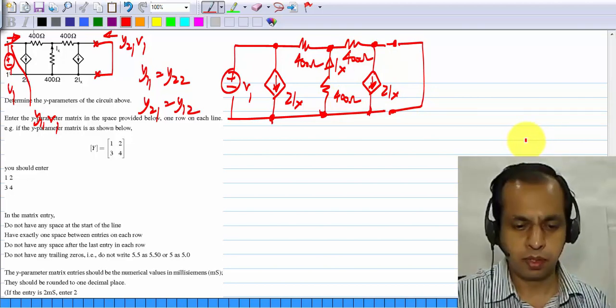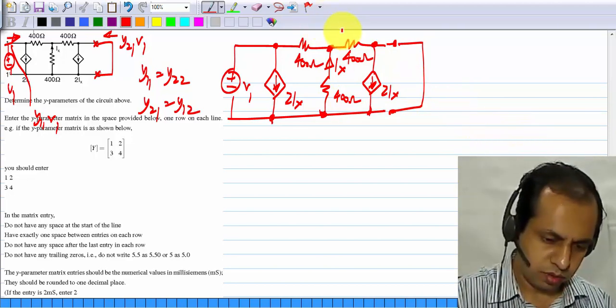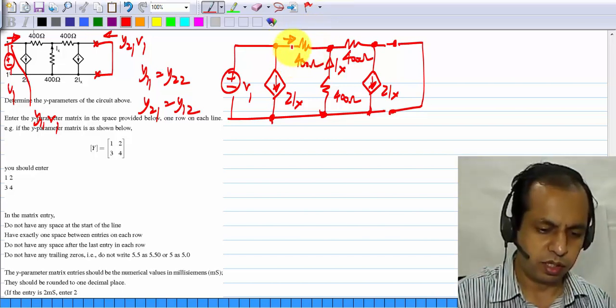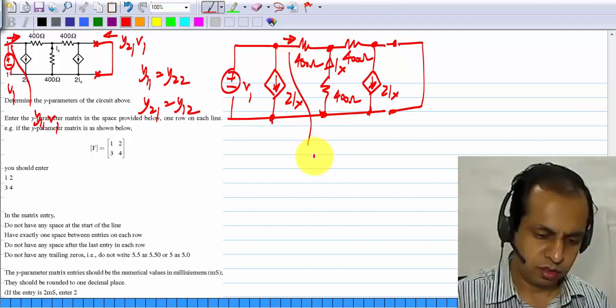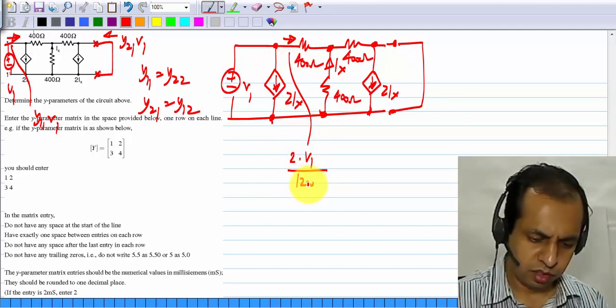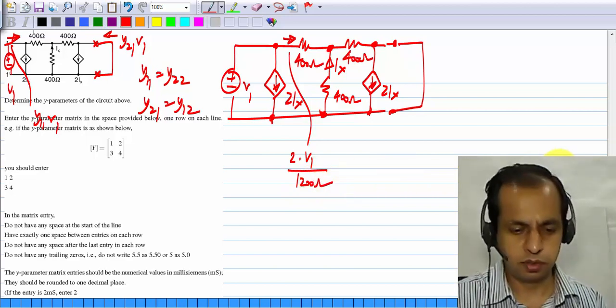Okay, now it turns out that the current that flows that way in the resistor will be 2 times V1 divided by 1200 ohms.